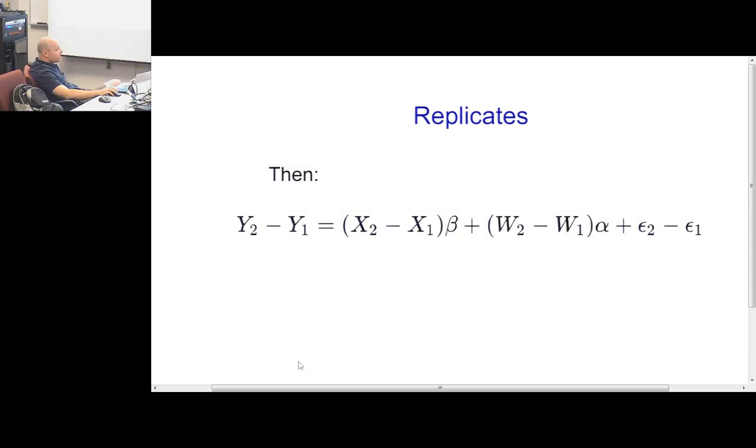Okay, so if we subtract these two replicates, there's the math of it, but then critically, this x2 minus x1, so whatever the biology is, that's going to cancel out. This term will disappear, and we'll be left with this.